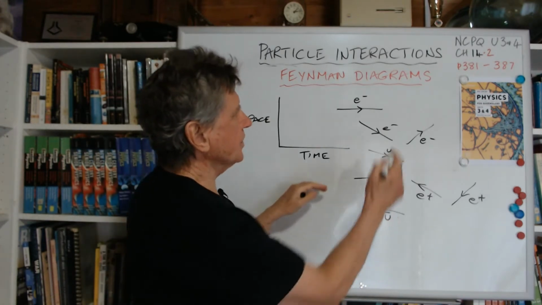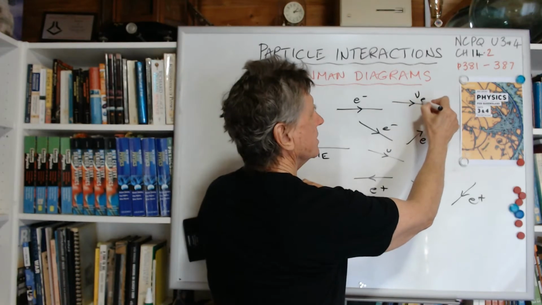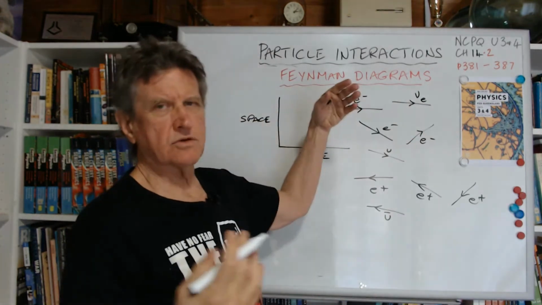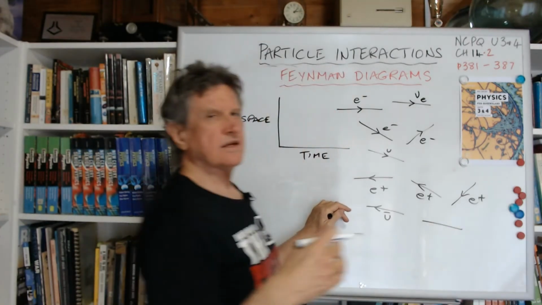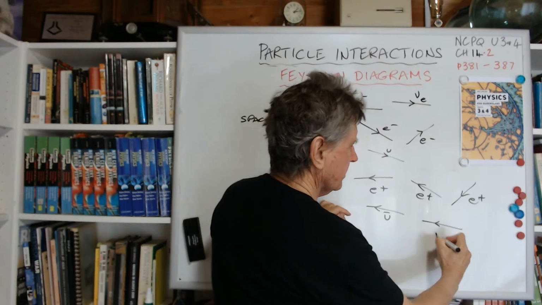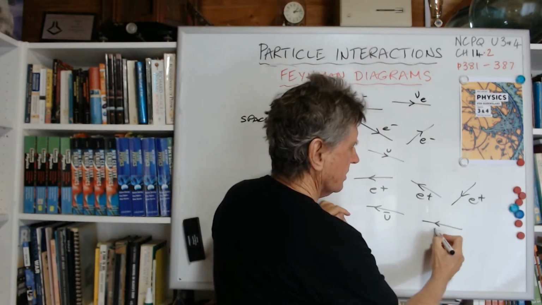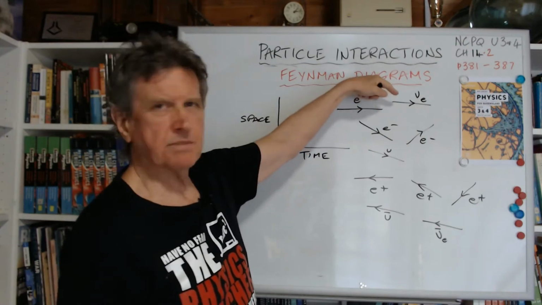Now a neutrino, of course, would just be like that. That's an electron neutrino. It's not an antiparticle. An electron antineutrino would be like this, okay, with the bar above it. And the same if it was a muon or a tau particle.